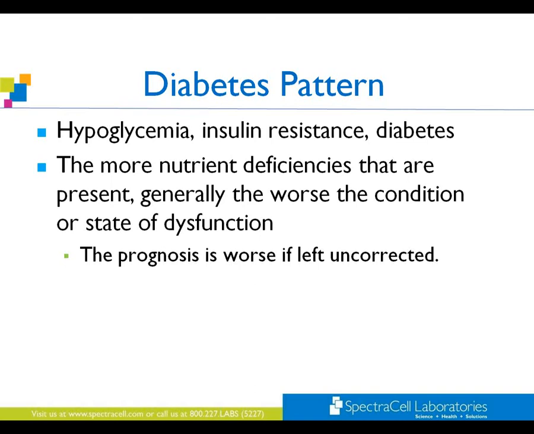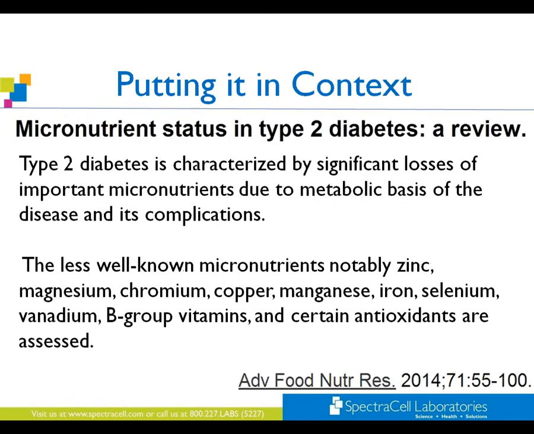The more deficiencies, the worse the disease state. So we want to take action on these. Just thinking about this, the prognosis is worse if these deficiencies are left uncorrected. And I'll show you where we've got some great literature references on this that we can really stand on to follow through with that statement and make that point to our patients.